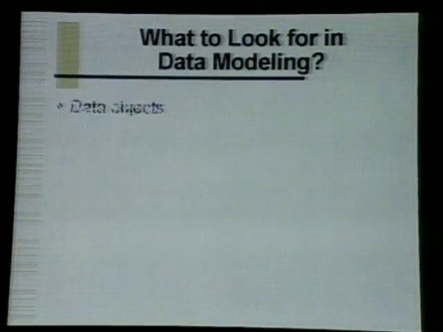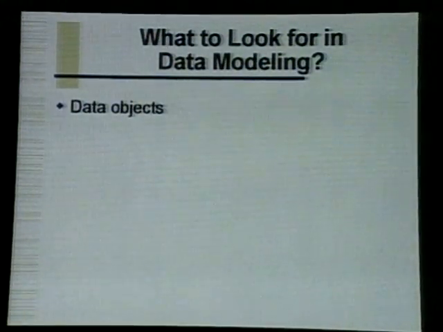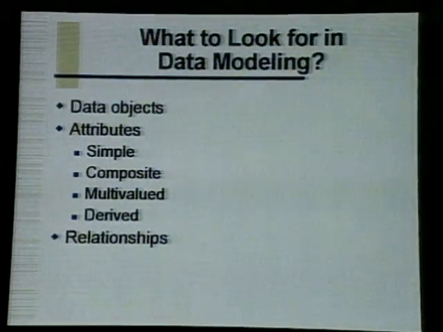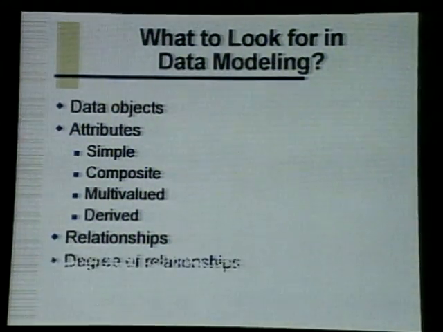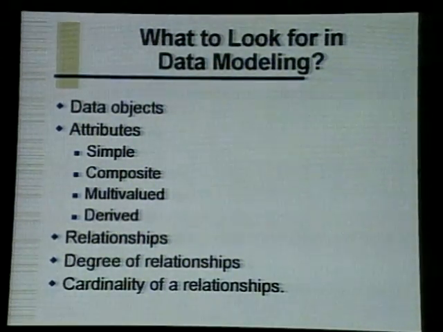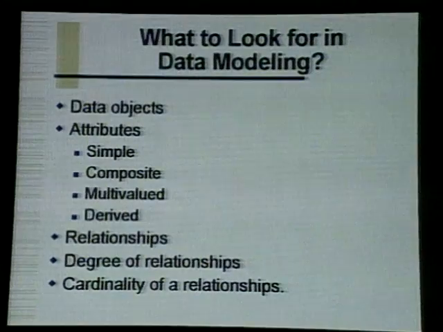Dear students, while we are doing the data modeling, there are some basic things the analyst looks for. He has to discover what are the data objects, what are the attributes, what are the relationships, how different data objects are related to each other, and the degree of the relationship, and the cardinality of the relationships.